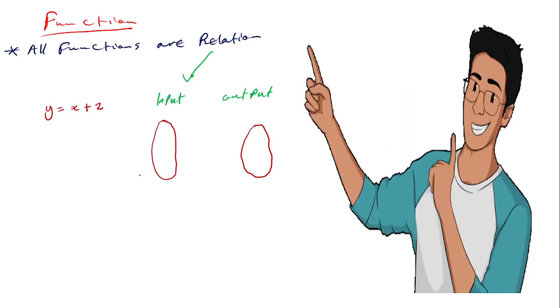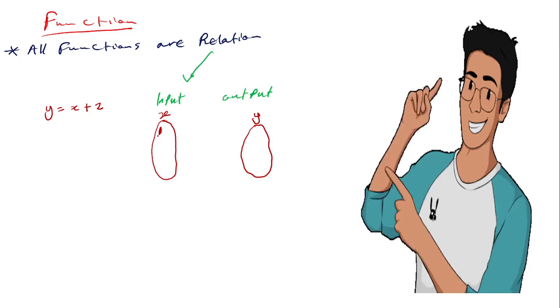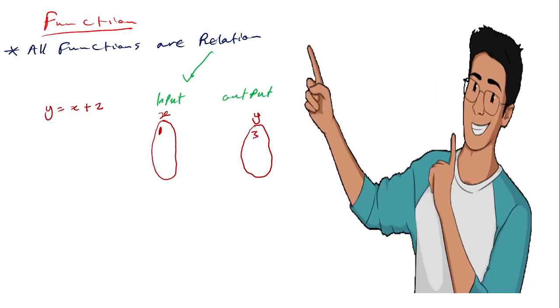If I put a 1 there, it's going to be 1 plus 2. I'm assuming that the input is x and the output is y. So if I put a 1 there, this will simply be 3. If I put a 2 there, this will be 4. And if I put a 6 there, this will be 8.